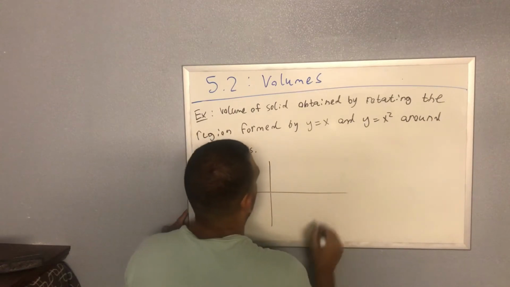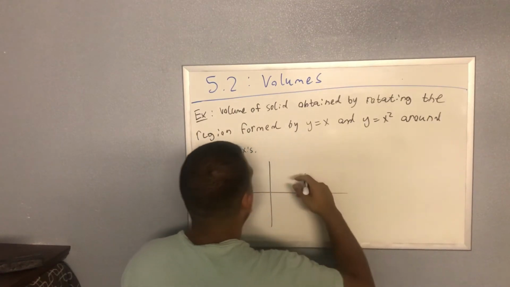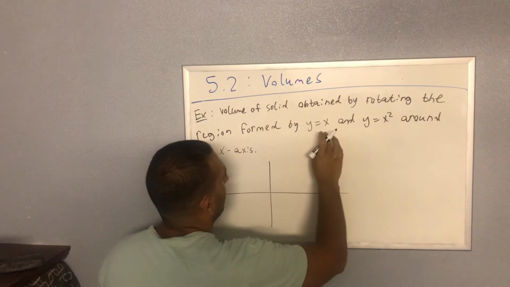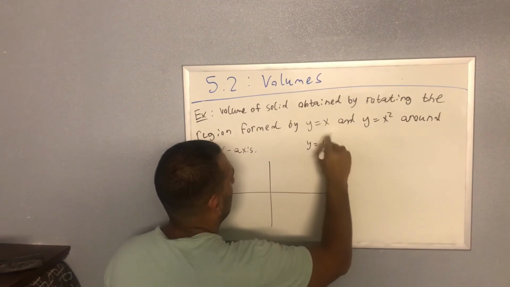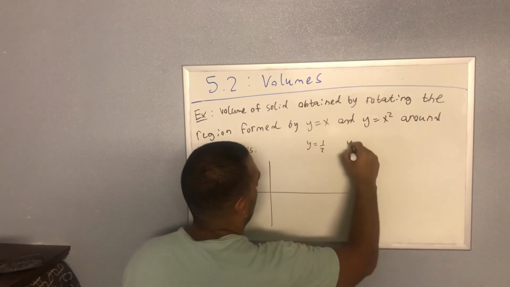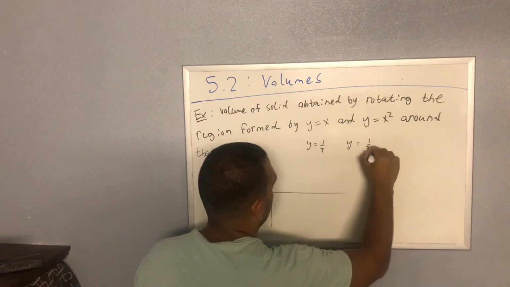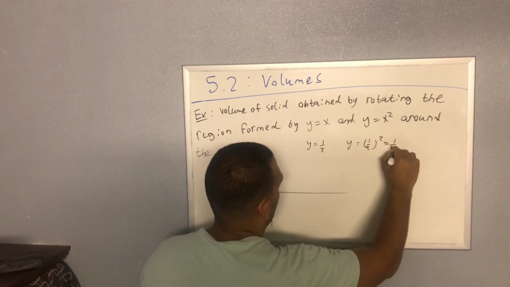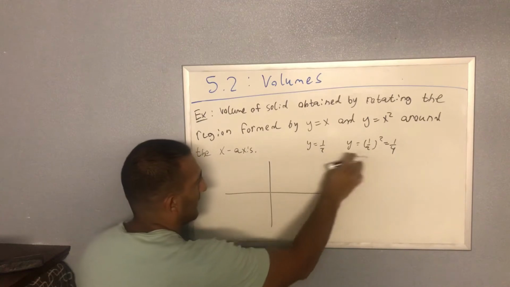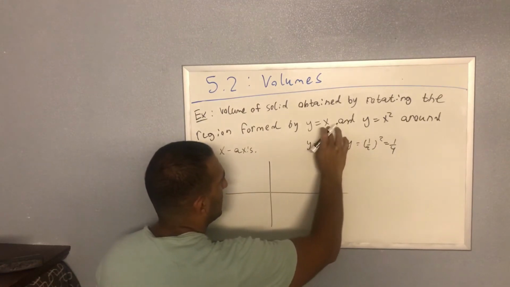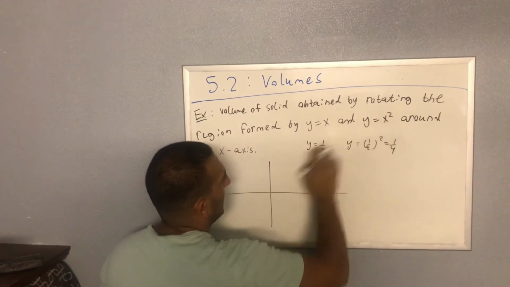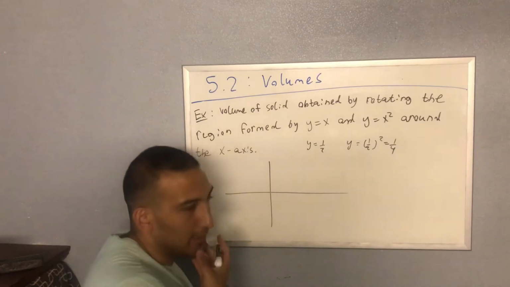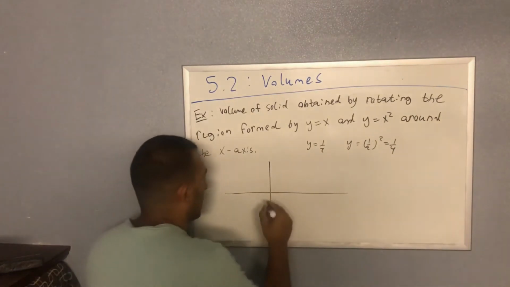And then if you think about it, if you take an intermediate point, like 1/2, y would be 1/2 here if you just stick 1/2 in for x. But in this case, y would be 1/2 squared, which is 1/4. So this is bigger than that. So y equals x, the line, will be larger than x squared, at least in the interval that we're considering, from 0 to 1.